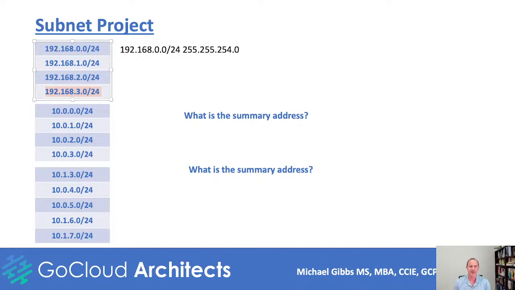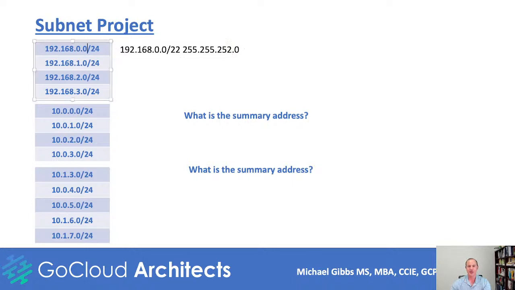We borrow another bit. So does anybody know what subnet mask is going to cover all 4 of these subnets? What network and mask is going to cover it in both CIDR notation and official decimal notation? /22, meaning 255.255.252.0.